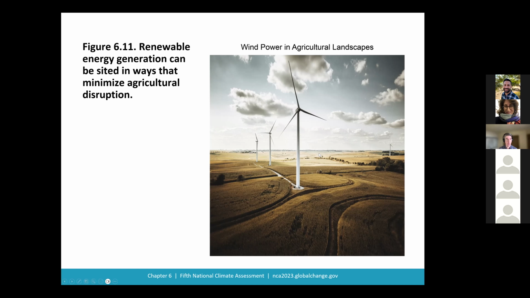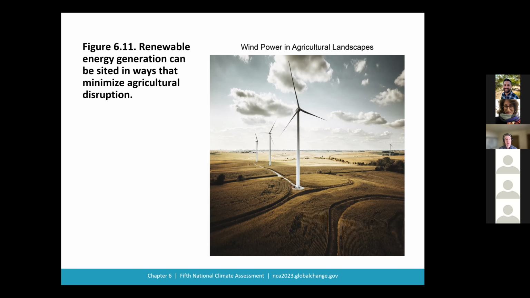Solar is perhaps a little bit more challenging. It's currently a dedicated use of land, displacing other uses of land, though there's a lot of ongoing research interest in things like agri-photovoltaics, this idea of maybe we can site these photovoltaic systems in ways that preserve a dual use of the land that allow animal grazing or row crop production between rows of solar panels.